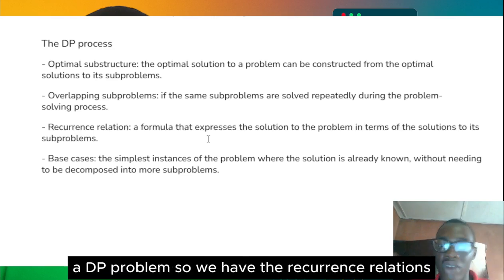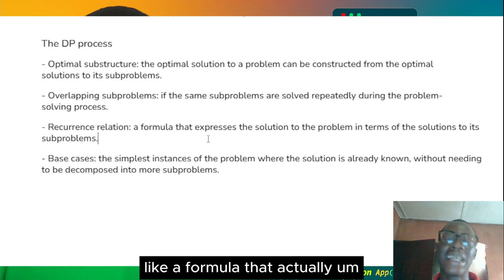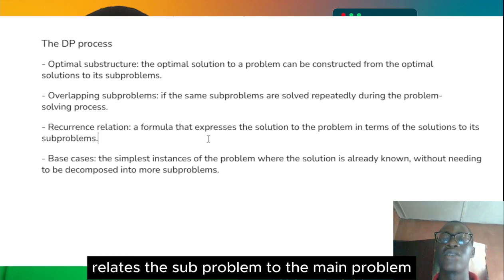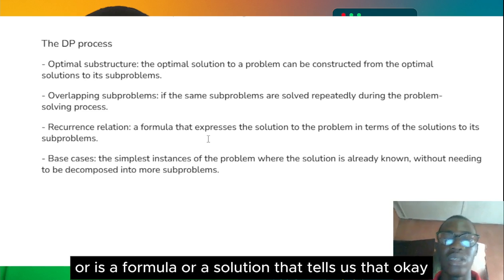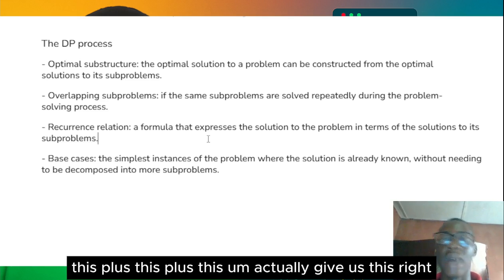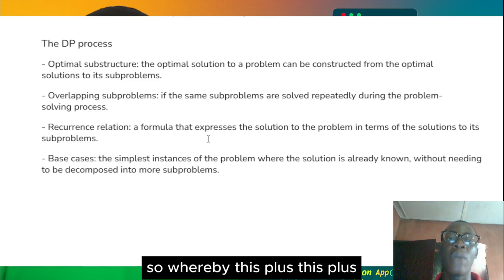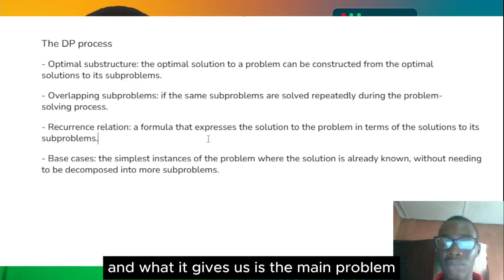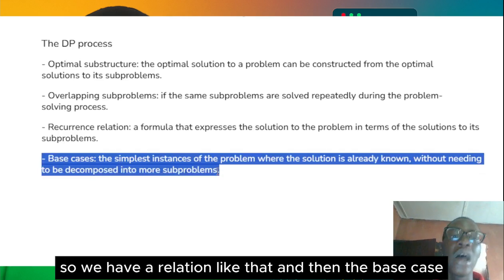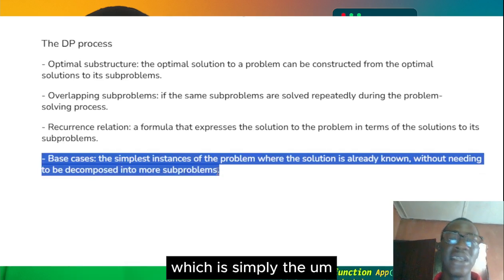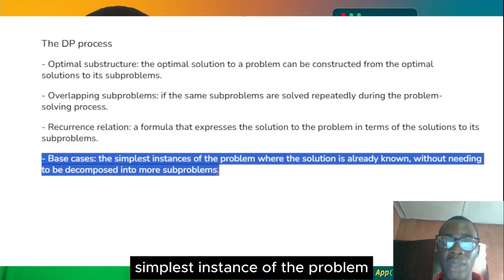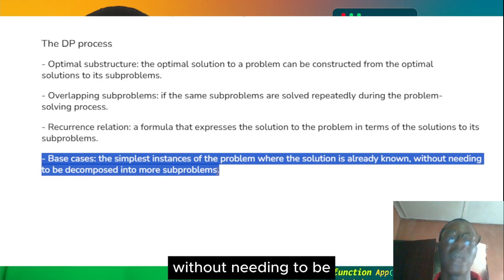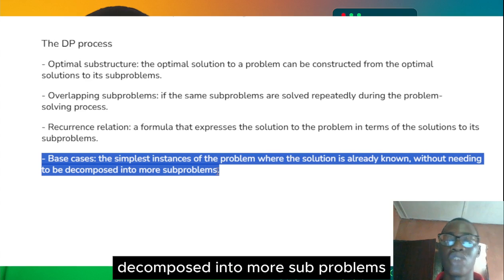It's like a formula that relates the subproblems to the main problem, one that tells us that this plus this plus this, which are the subproblems, gives us the main problem. And then the base case, which is simply the simplest instance of the problem, where the solution is already known without needing to be decomposed into more subproblems.